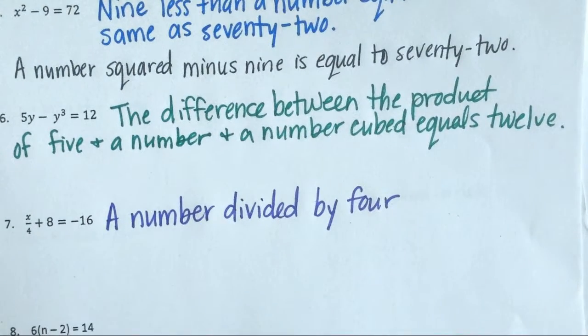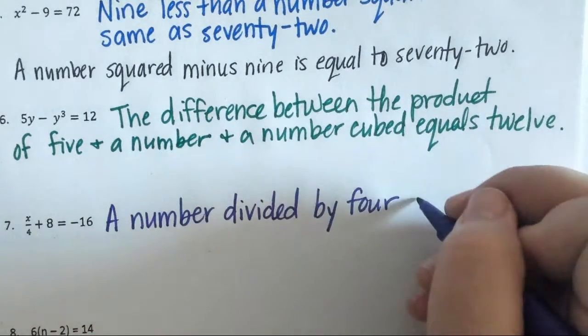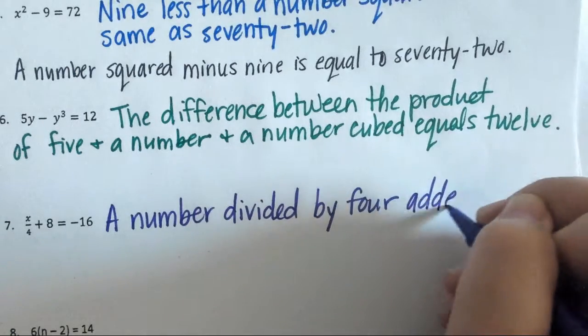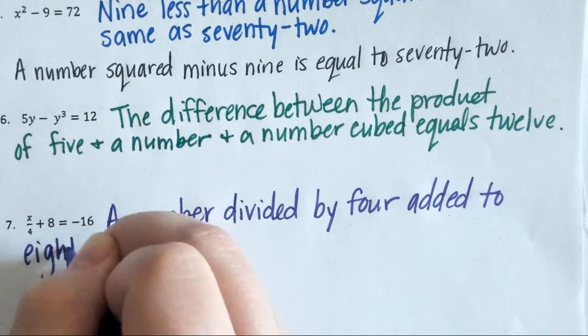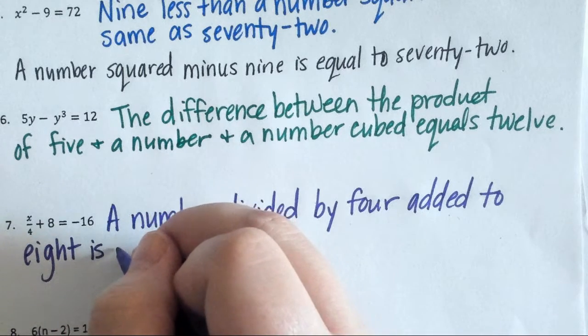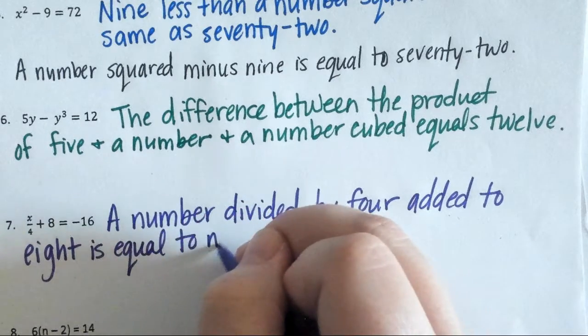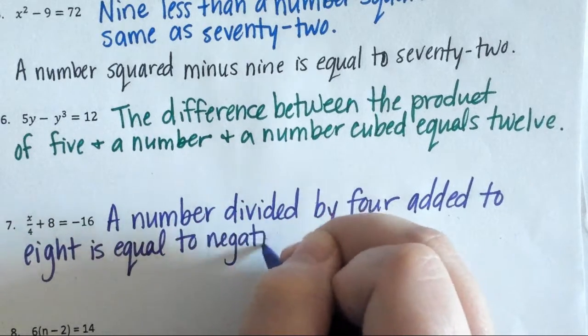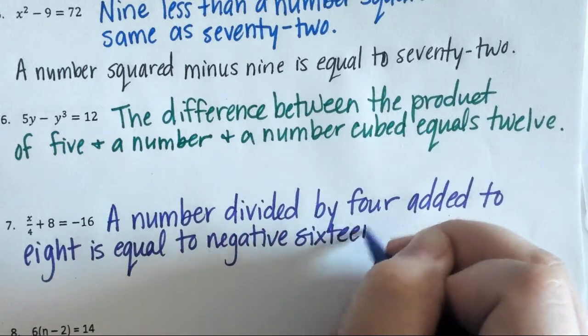Nick said a number divided by 4, and then he stopped. I don't have a single problem with Nick's sentence.